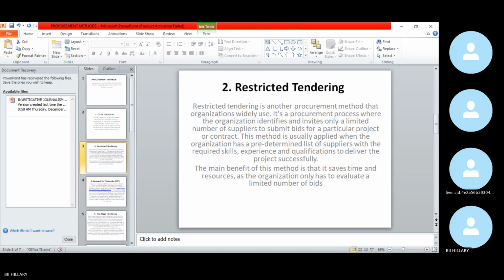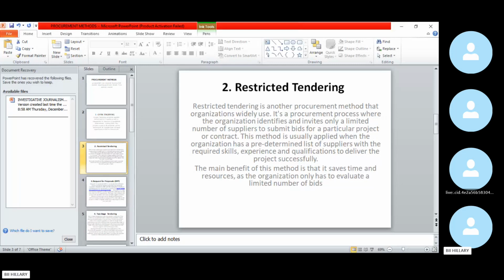This method is usually applied when the organization has a predetermined list of suppliers with the required skills, experience, and qualification to deliver the projects successfully. The main benefit of this method is that it saves time and resources, as the organization only has to evaluate a limited number of bidders or bids.